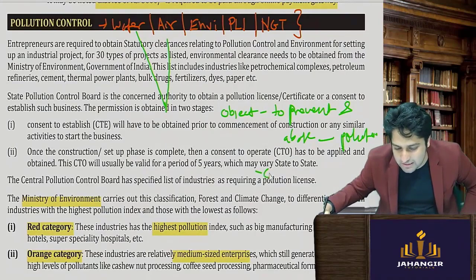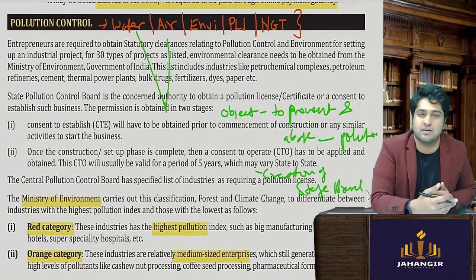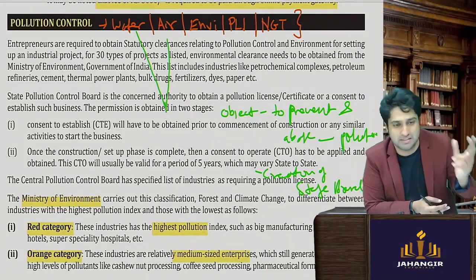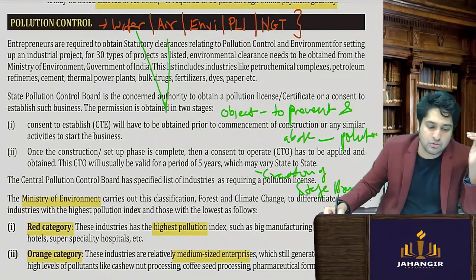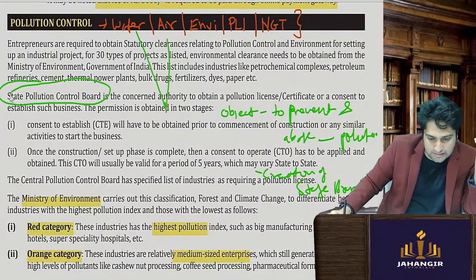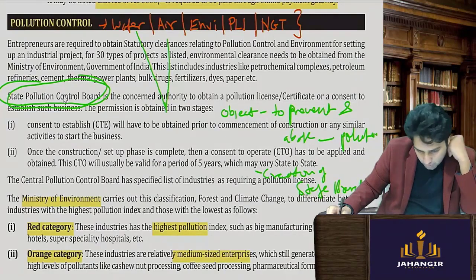And second is the creation of state boards. The duty of these state boards is to conduct investigation, to grant license, to revoke license, to take samples, etc. So now you see there are state pollution control boards. That's how they start pollution control, and then they come to the pollution control board.